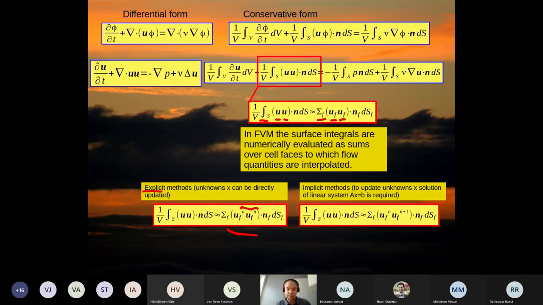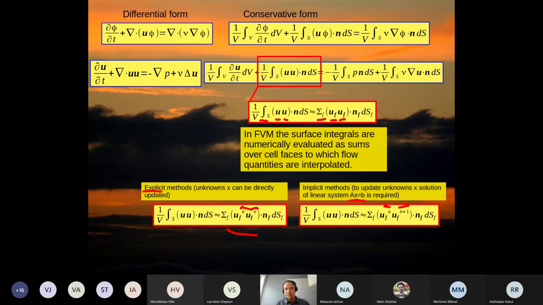You can linearize this a bit differently. You say that this term is from the previous time step, but this term is unknown. That would be the solution that you want to solve for the next time step. In that case, these equations would lead to a linear system, Ax equals b, where x is now the velocity at the next time level that you want to solve. Next lecture, we will discuss this point a bit further.